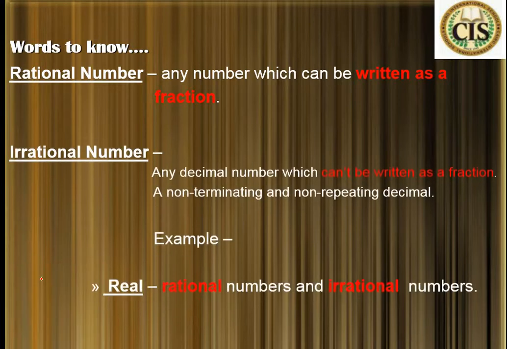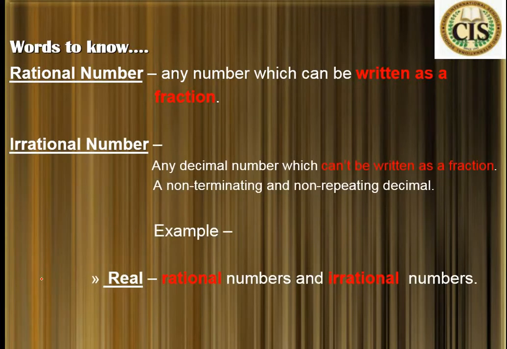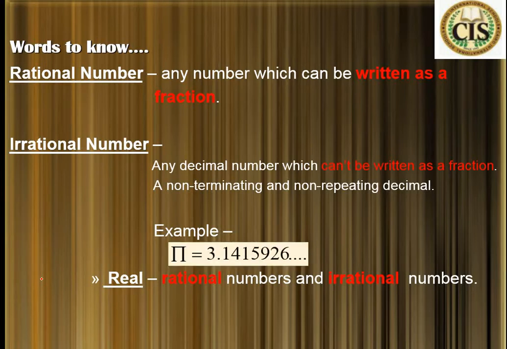And we know an irrational number is any decimal number which cannot be written as a fraction, a non-terminating and non-repeating decimal, like what? Pi equals 3.141592 and so on.